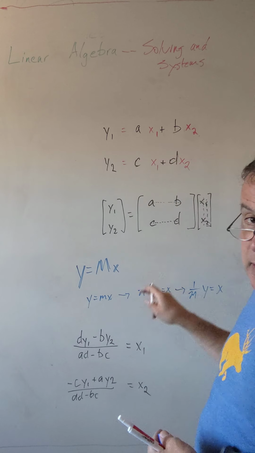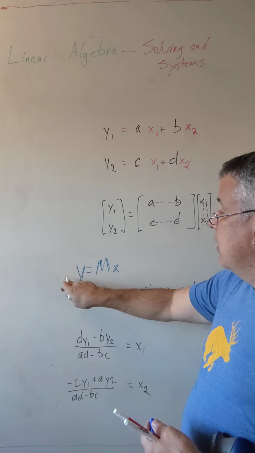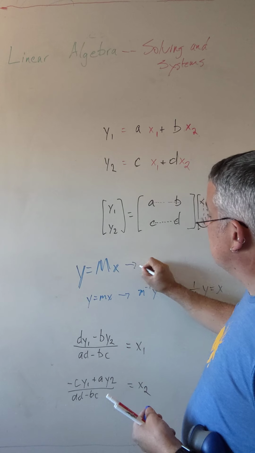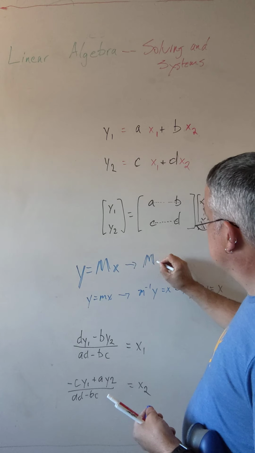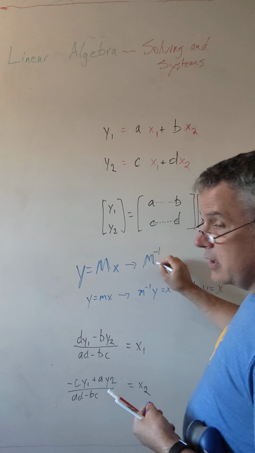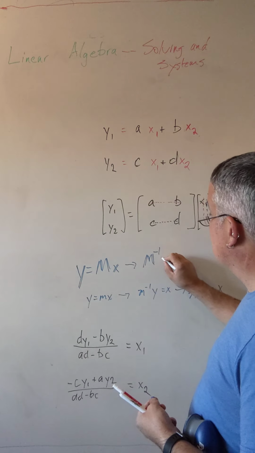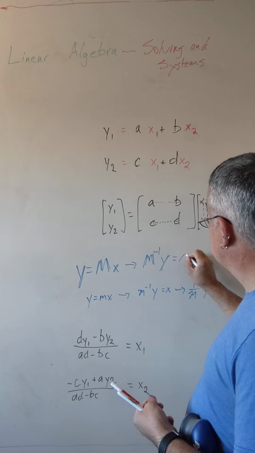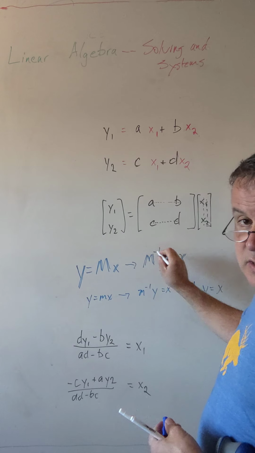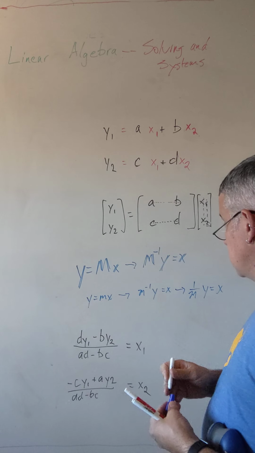Is the same true here? Well, no, we can't. Well, I guess so, in the sense that we could write this as m, the matrix, to the minus 1, its inverse, times y, the matrix, equals x, if only we could figure out what this m matrix was.